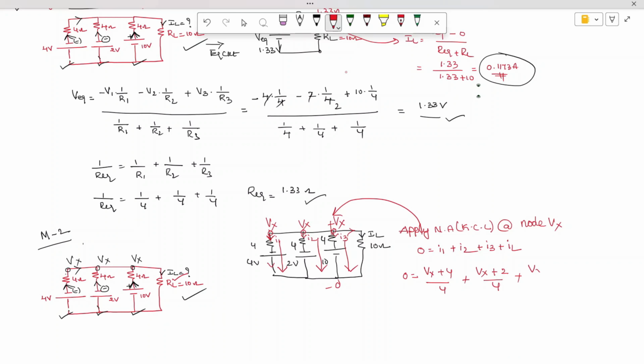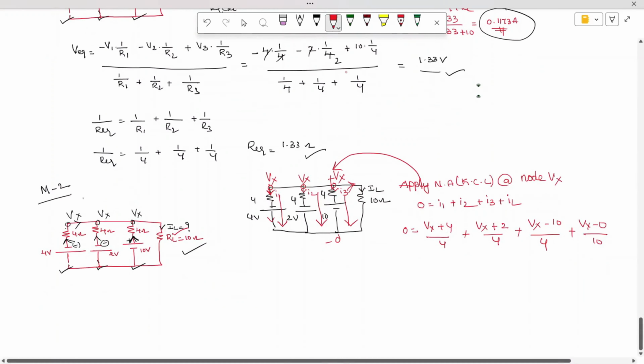Vx minus 10 divided by 4. And how to write down the current IL? IL is current flowing as Vx minus 0, divided by 10.